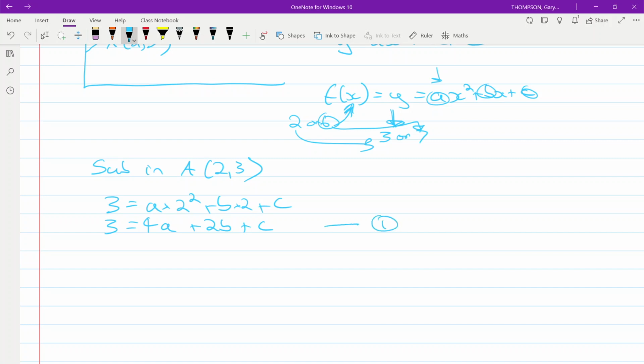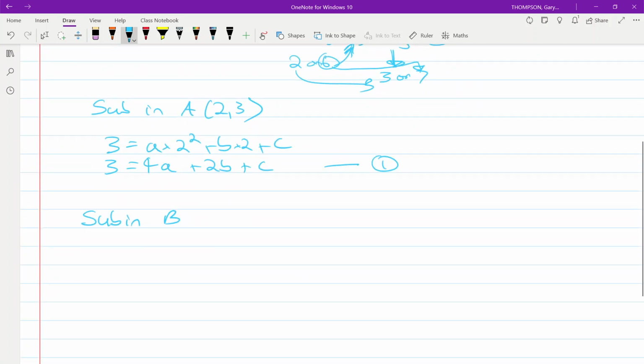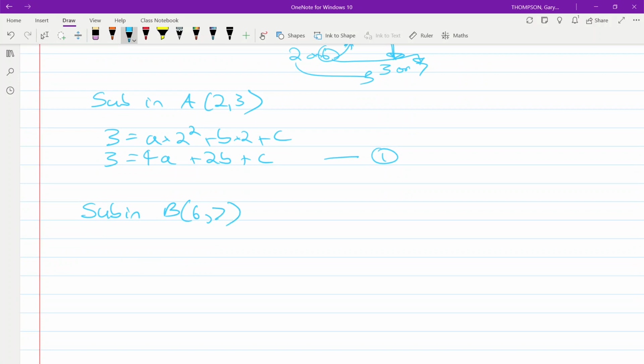And I'm going to call that equation 1. I can rearrange this, but I can't really simplify it, so I'm just going to leave it as is. Now I'm going to sub in point B, which is (6, 7). So that's going to be 7 equals a times 6 squared plus 6b plus c.